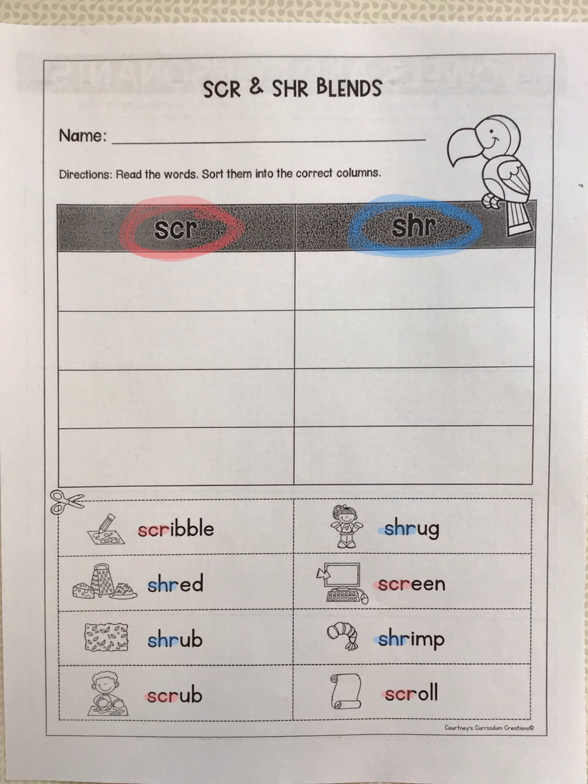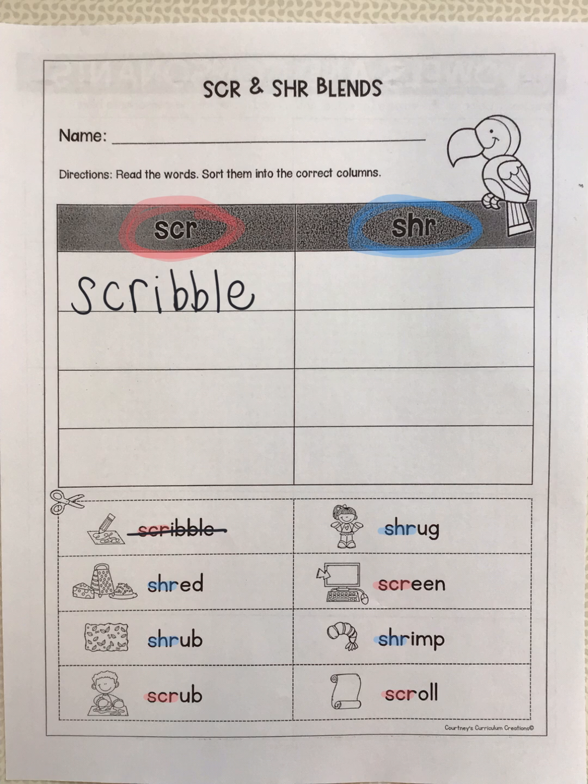Scribble is going to go under my scr, so I'm going to write scribble. When I'm done, I'm going to cross it off. Next we have shred.